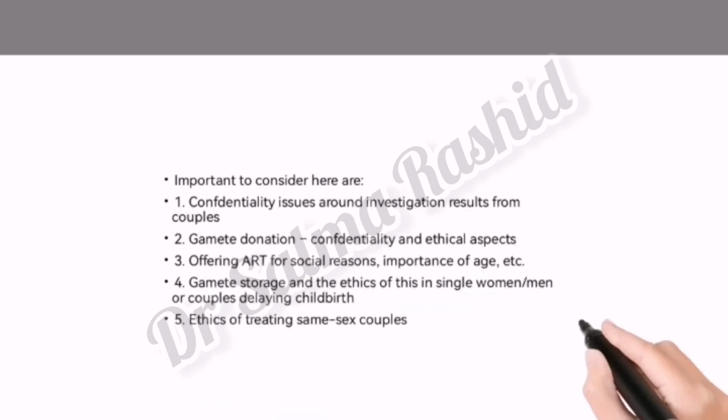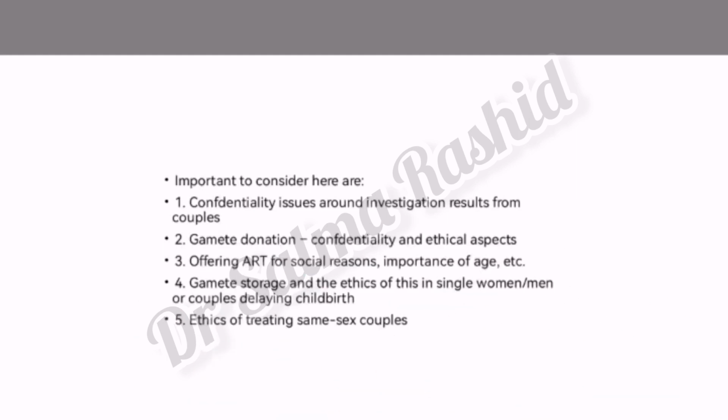Important to consider here are confidentiality issues around investigation results from couples, gamete donation, confidentiality and ethical aspects, offering ART for social reasons, importance of age, etc., gamete storage and the ethics of this in single women, men or couples delaying childbirth, ethics of treating same-sex couples.